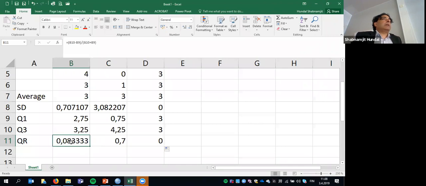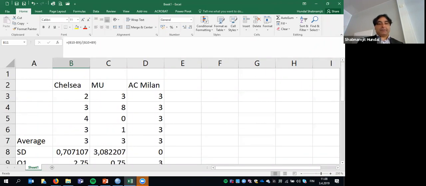If I slightly replace Chelsea, Manchester United, and AC Milan with countries, they are not clubs, they're not goals, they are some countries, then this example would be more in context.